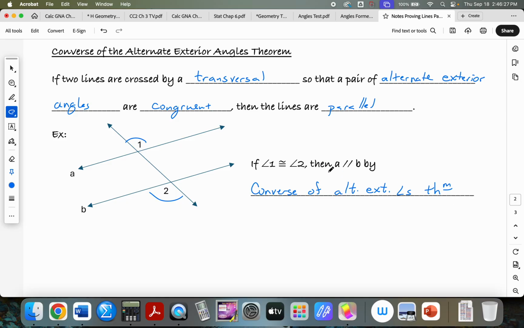So anytime you end with the lines parallel, it's going to be the converse. When you start with the lines parallel, it's just the alternate exterior angles theorem or the corresponding angles postulate.